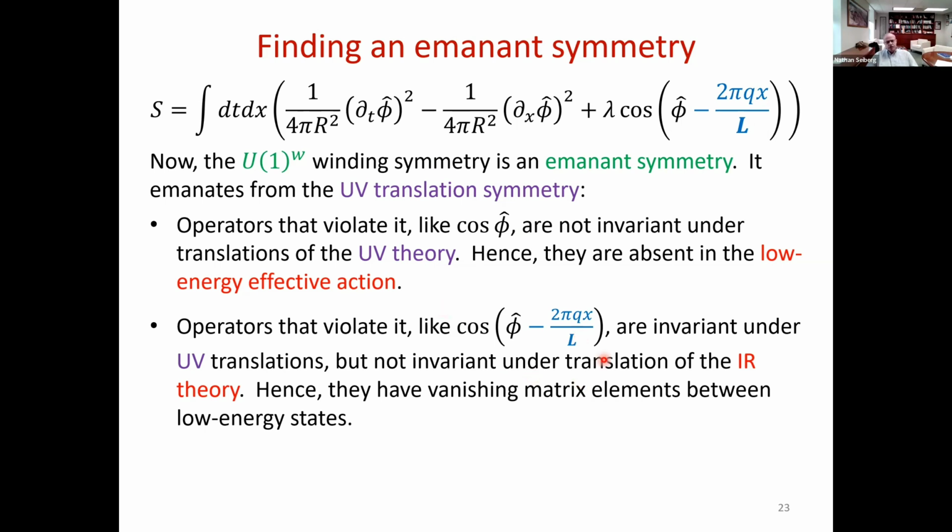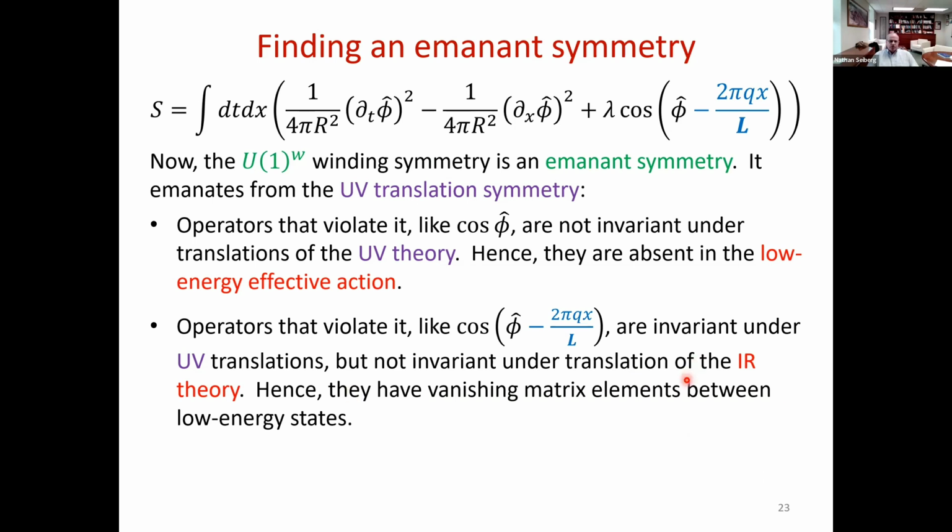So for the low energy observer, IR translation is not an exact symmetry of the problem. But the low energy observer who tries to see whether the IR translation is a symmetry or not will have to perform scattering of objects which carry very large momentum in the IR, momentum of order little q. And therefore, if we only limit ourselves to low energy states with low momentum and low energy, we would say that we have this new symmetry, winding symmetry.